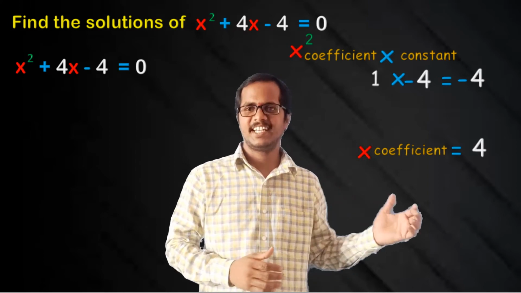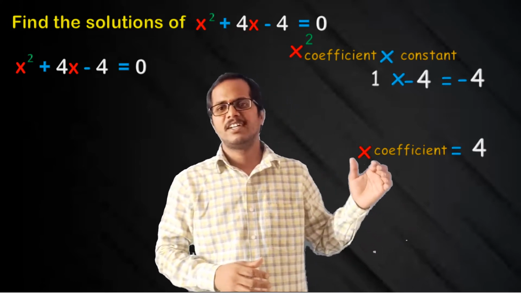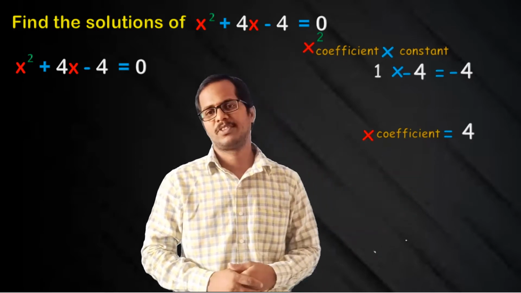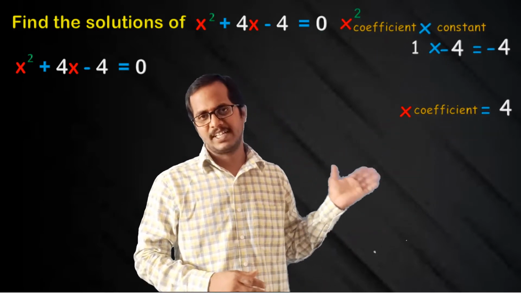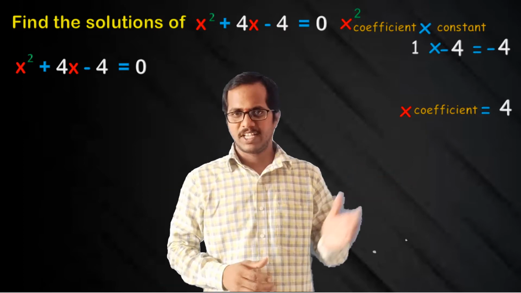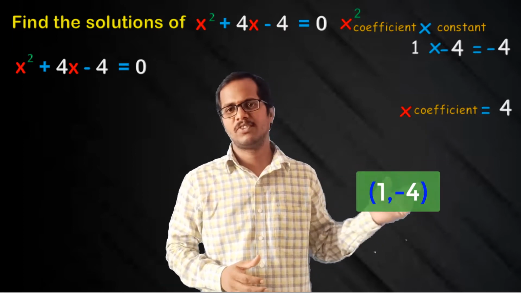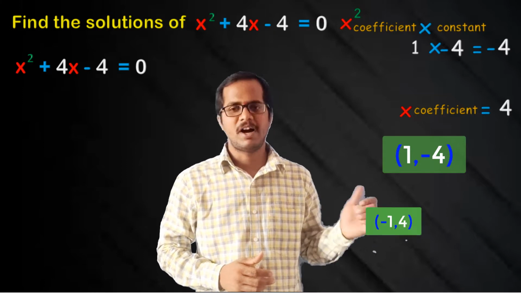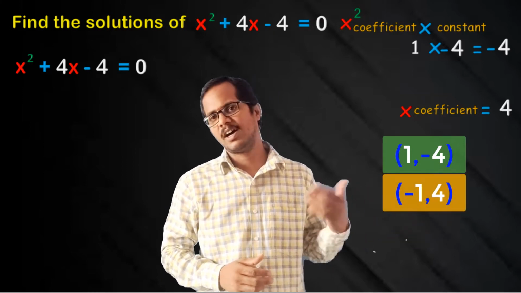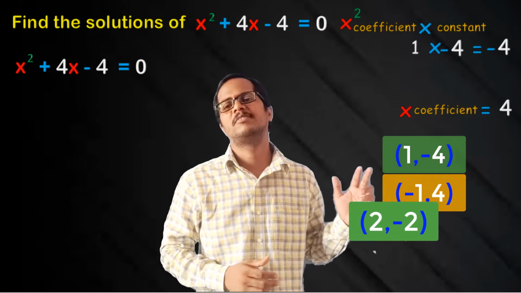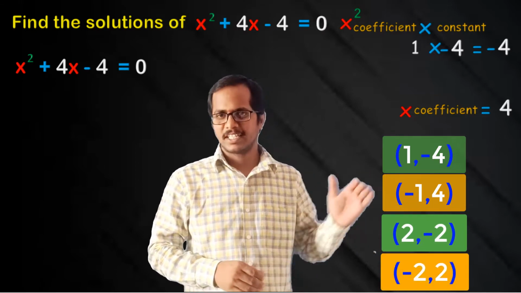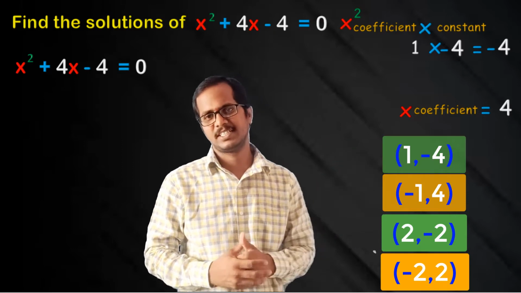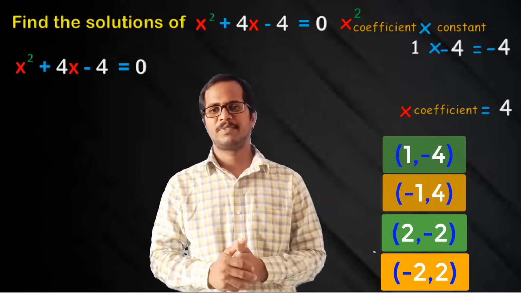So let's see this clearly by listing out all the pairs of factors for minus 4. What are the pairs of factors for minus 4? We can write 1 comma minus 4, or minus 1 comma 4, or 2 comma minus 2, or minus 2 comma 2. These are the possible integer pairs of factors for minus 4.